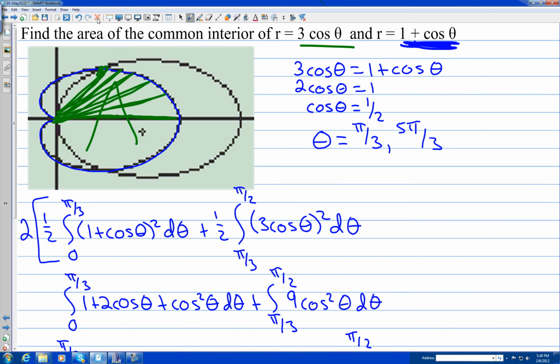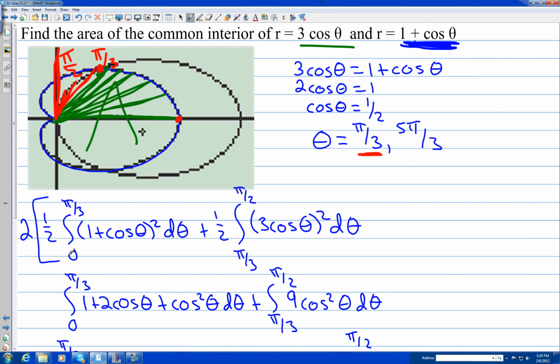So then we start following this curve until the windshield wiper gets to 0, which really is going to happen at pi over 2. So we want to start following the blue from 0 to the intersection point, and that intersection point is pi over 3. And then we want to follow the other curve from pi over 3 to pi over 2.